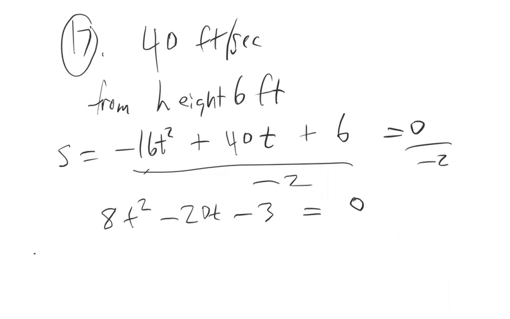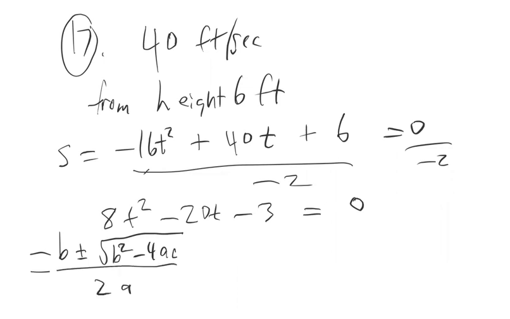The quadratic formula is -b plus or minus the square root of b squared minus 4ac all over 2a. So the a, b, and c are the 3 numbers in the problem. So a equals 8, but you don't include the t with the a, just the number itself. The b equals -20, and the c equals -3.